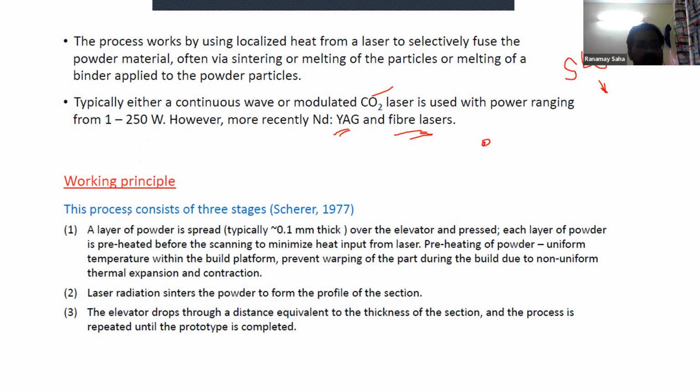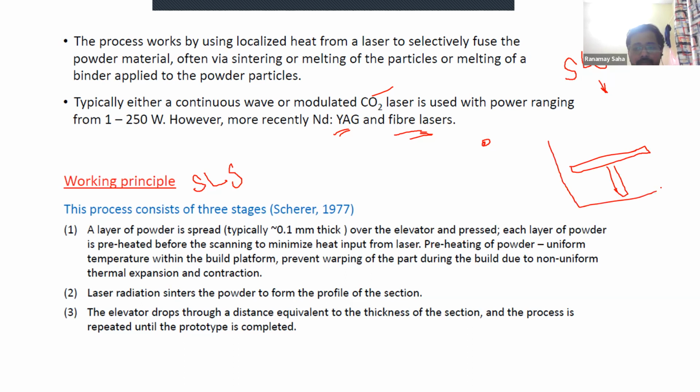So, proceeding, you have the working principle of the selective laser sintering process. A layer of powder, typically 0.1 millimeters thick, is spread over the elevator or the piston you have seen there, inside the chamber.